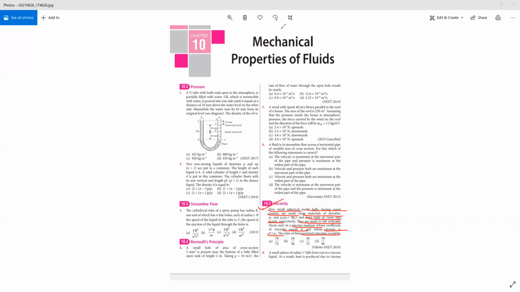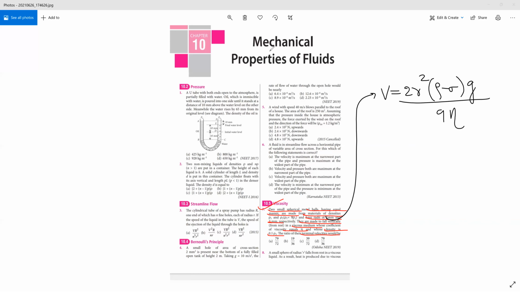So seventh one is calculated by using the formula: terminal velocity is given by v is equal to 2r square into (rho minus sigma) into g divided by 9 into eta. The ratio of terminal velocity of the spherical metal balls is v1 by v2, for first one v1 we are taking, for second one v2 we are taking.